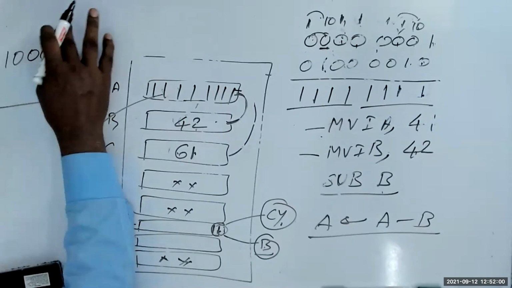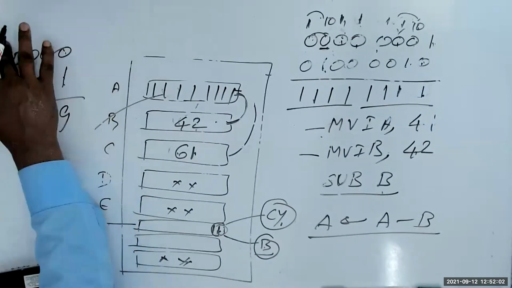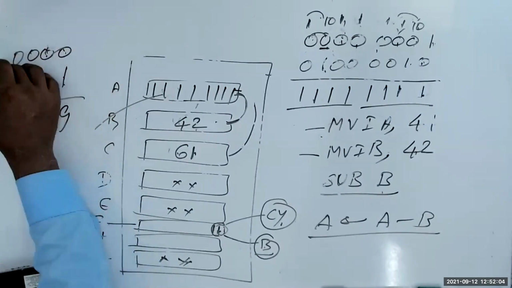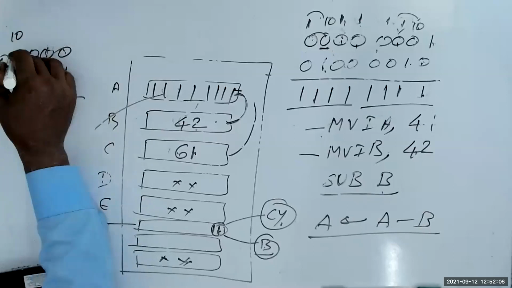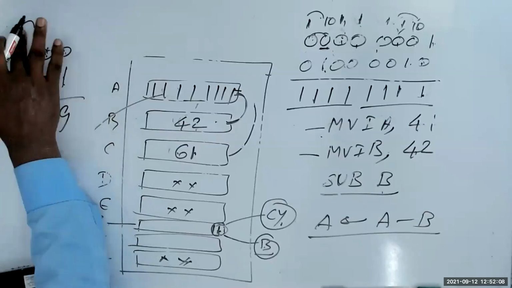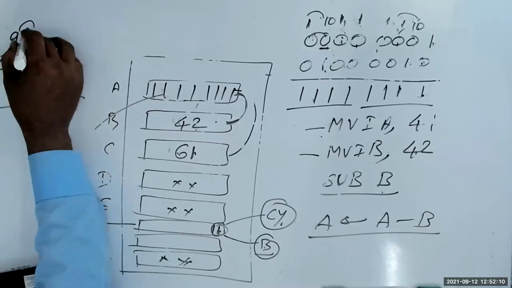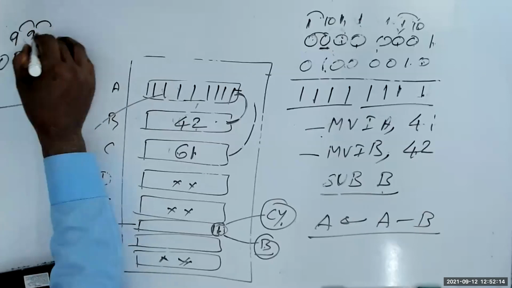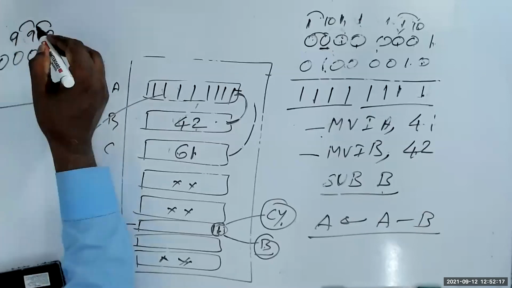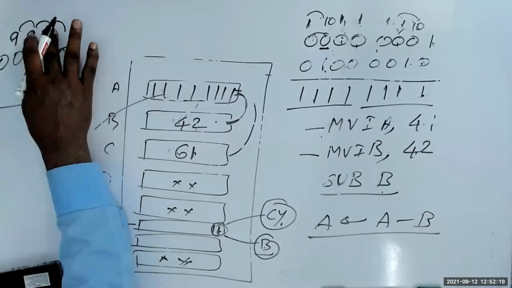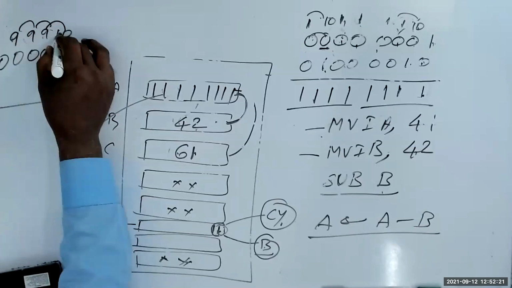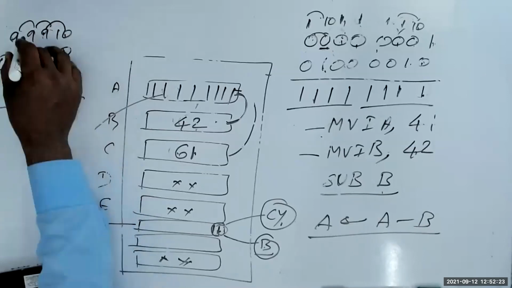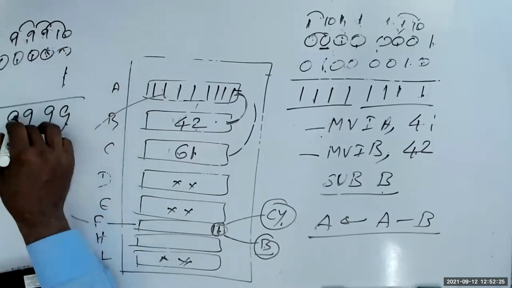When I borrow, this guy becomes 0, this guy becomes 10. Then I borrow 1 here, this becomes 9, this becomes 10. Then I borrow 1 here, this becomes 9, this becomes 10. 10 minus 1, 9. 9 minus 0, 9. 9 minus 0, 9. The same thing. The same subtraction here. Please understand that.